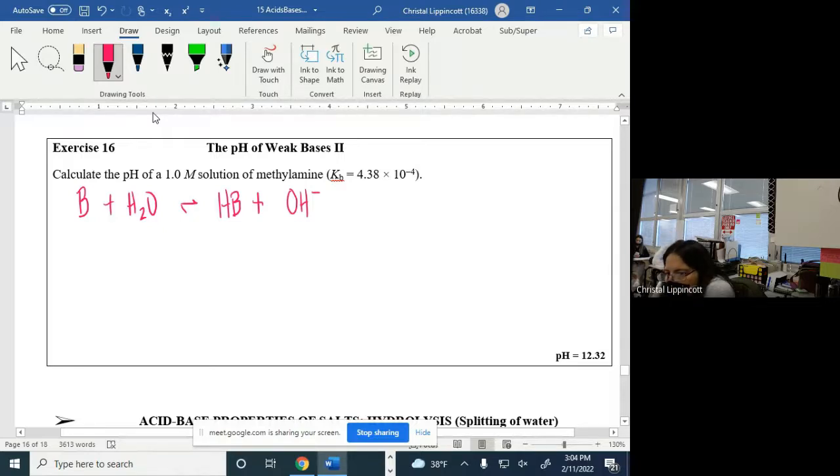So, ice tables. Okay? They're telling me that my pH of my base here is 0.1. I'm going to lose X, and I'm going to have 0.1 minus X here. This I don't care about.